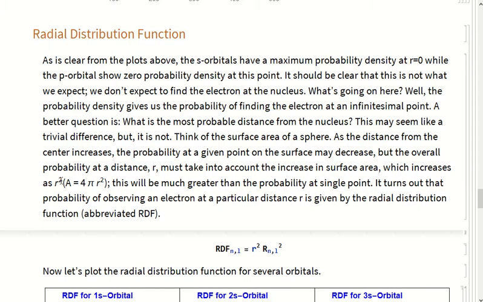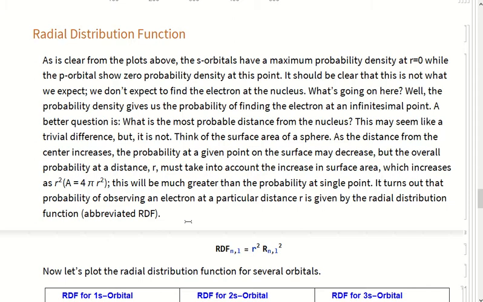So if we calculate the probability density at a particular value of r, we're just calculating the probability of an electron being at a particular point on the surface of that sphere. Well, that's not the entire surface area of the sphere, and so we have to take that into account if we're asking about the probability of finding it at a particular distance, not a particular point.